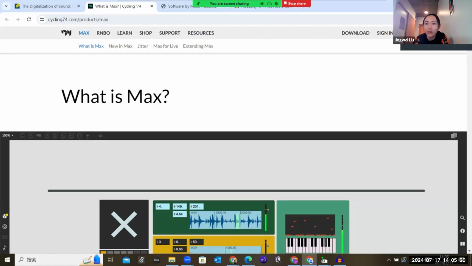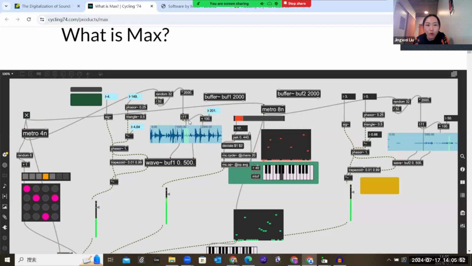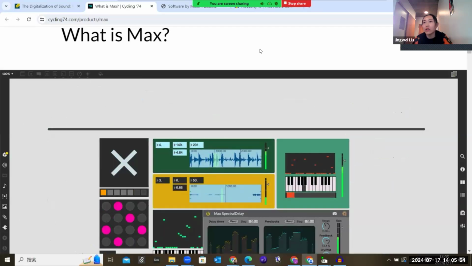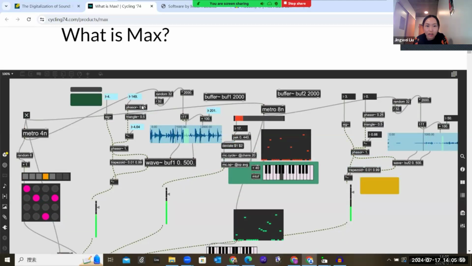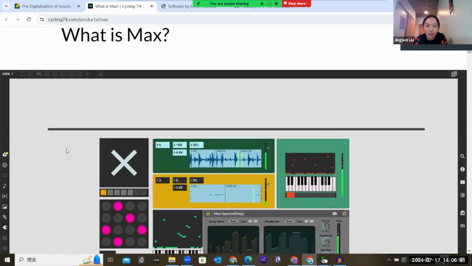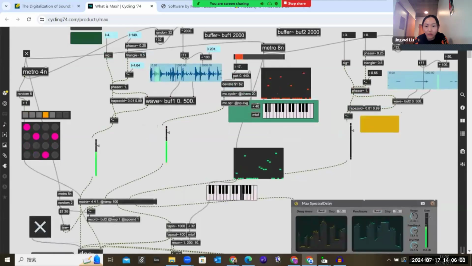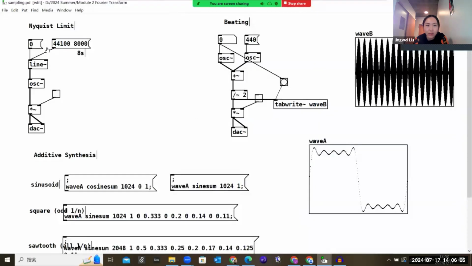You need to pay for it, and the interface looks more fancy, but the internal operational system is the same. You can see these are just some objects and some lines. You just link these objects together. It's the same as PD, but PD's interface is not that fancy. It's more plain, and it's free.